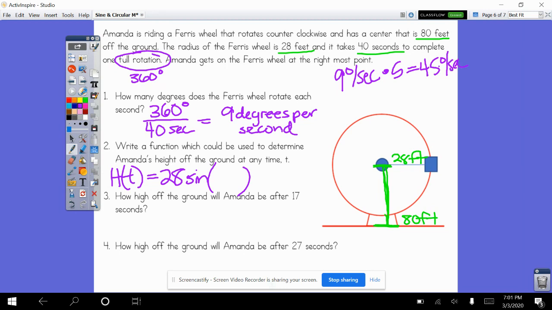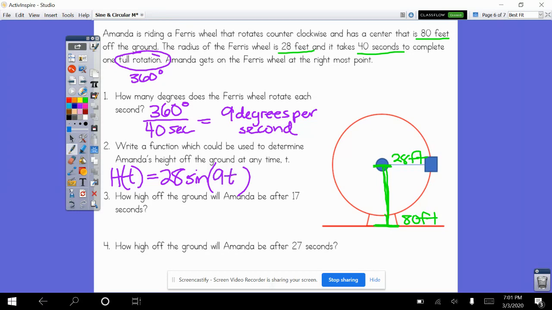I'm just giving you an example. If I have degrees per second and I'm given a number of seconds, then I have to multiply them to find out how many degrees she goes. So she would have gone 45 degrees in 5 seconds, because it's 9 degrees per second times the amount of seconds. So we're always taking that degrees per second and multiplying it by the time.